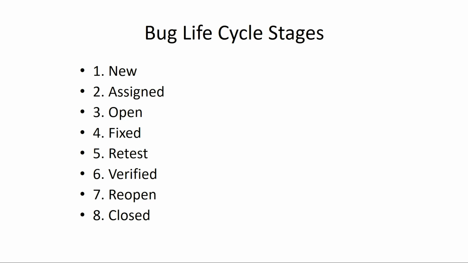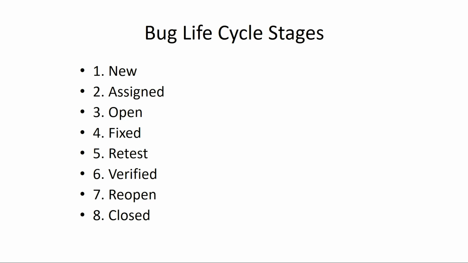And the fixed state is when the developer fixes this issue. So after opening the bug, the developer will fix this issue and mark this bug as fixed or resolved. So after the developer fixes this bug, you need to retest.